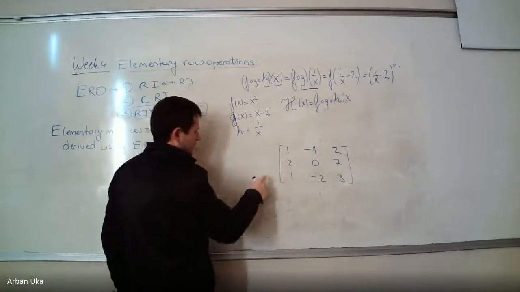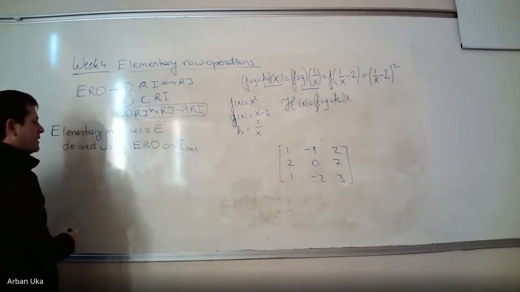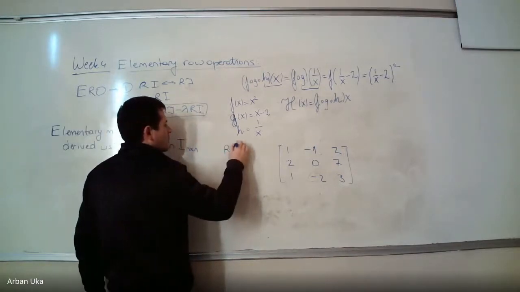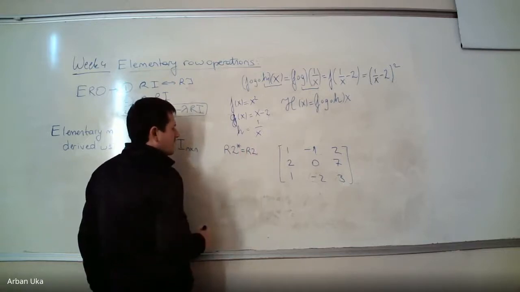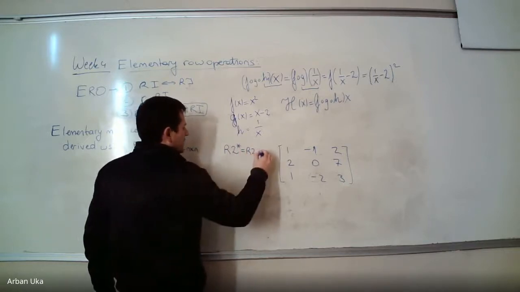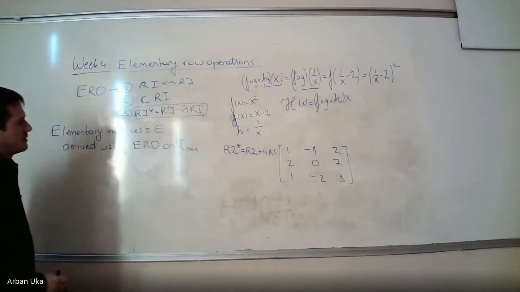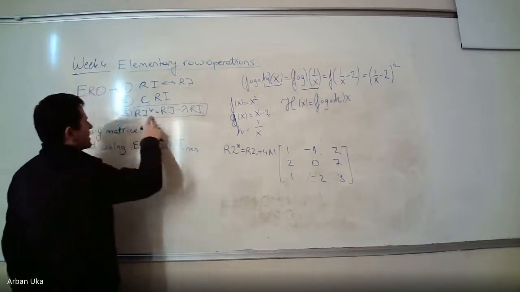So let's apply a row operation, which is going to be like this. Row 2 star is equal to row 2 plus 4 row 1. Okay, so this is an elementary row operation, which is like this.